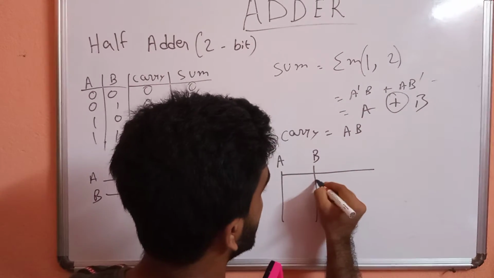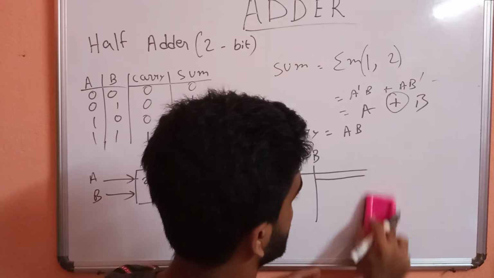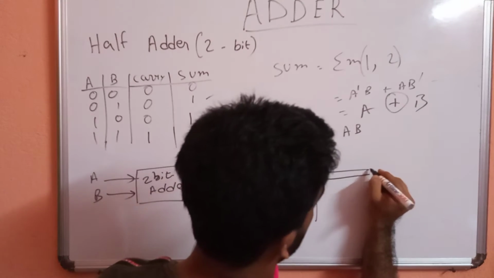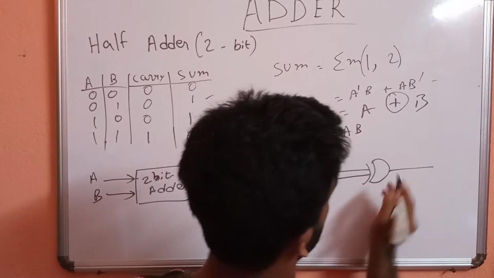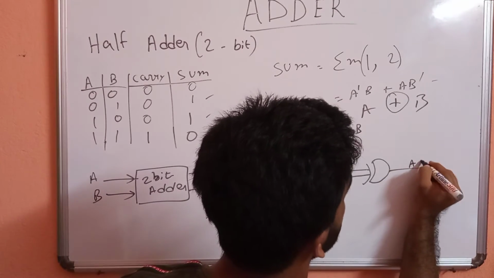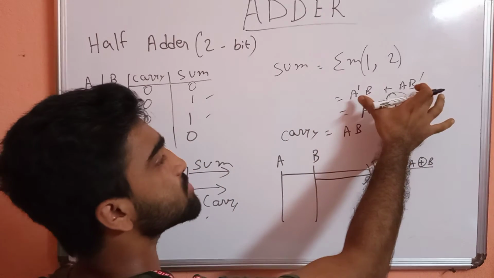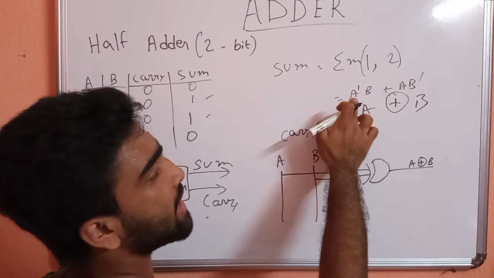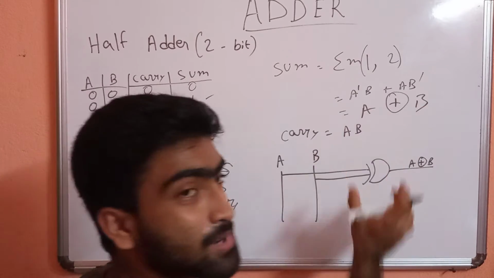We will take A and B and do the XOR of it. This is the XOR, this is A XOR B. We have simplified this. We can also do it using AND gate and OR gate, but we are using the XOR gate here, the simplified form.